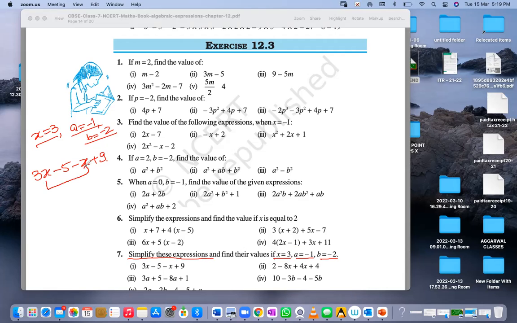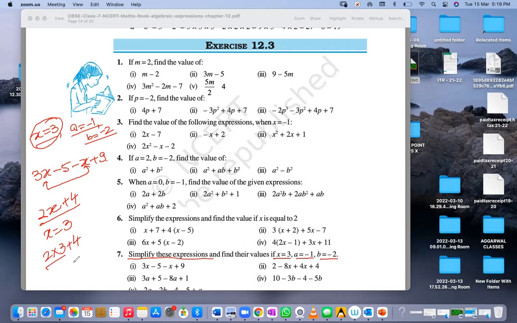Here is one like term and here is one like term. What you have to do is subtract this time. So subtract x from 3x, how much x is left? From 3, one goes, 2 is left, write 2x. And subtract 5 from 9, 4 is left. Now you have to find the value of this expression at x equal to 3. So put x equal to 3, you will get the value of this expression: 2 into 3 plus 4.